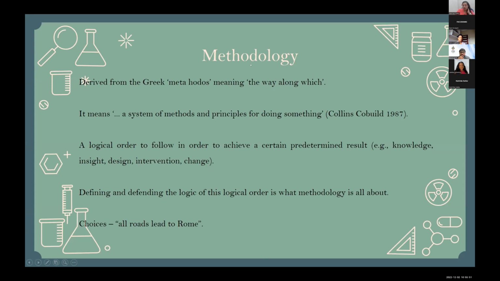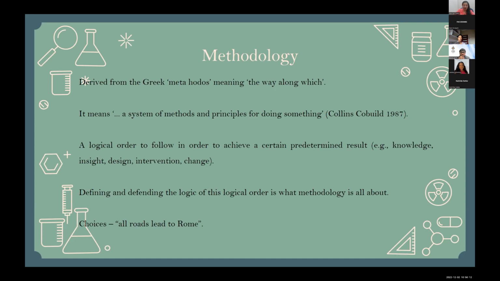So methodology, you will see that it's derived from the Greek term methodos, meaning the way along, right? So it also means a system of methods and principles for doing something. Now note that this is singular, it's one system, right?